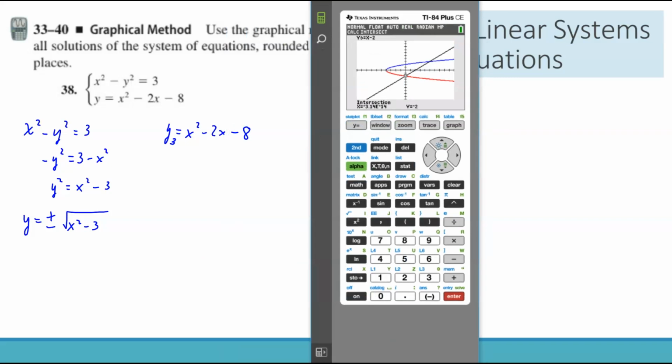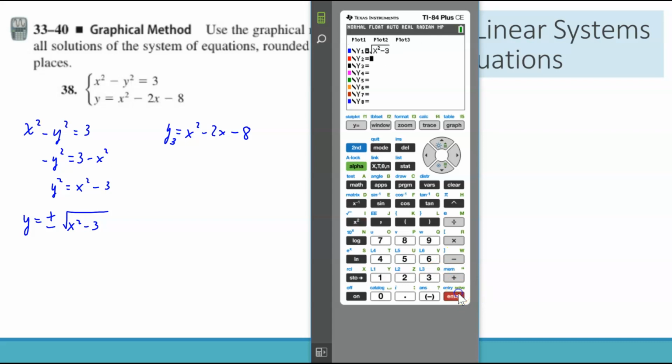Okay, so let's get this in our calculator. We're going to say y equals. We're going to clear out any old stuff from before and put in the new stuff from this problem. So we have the positive square root of x squared minus 3x.